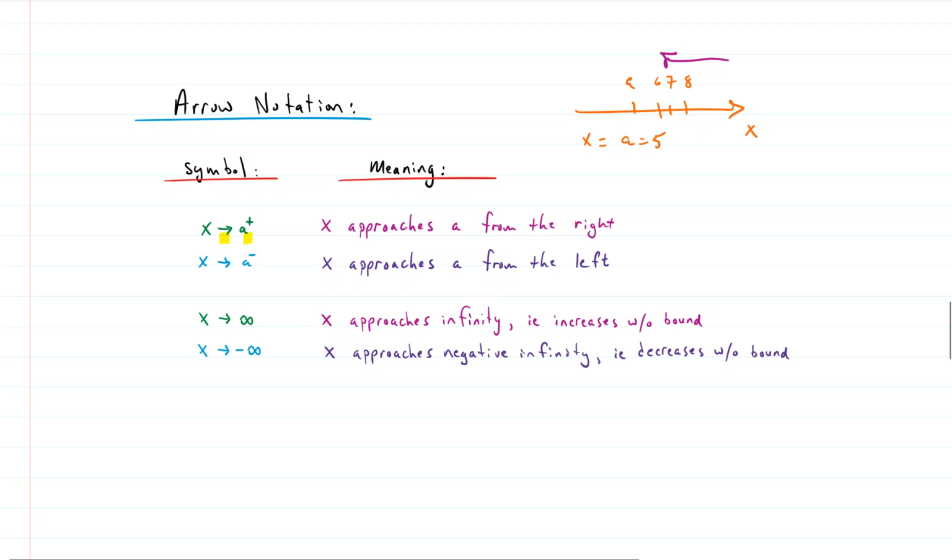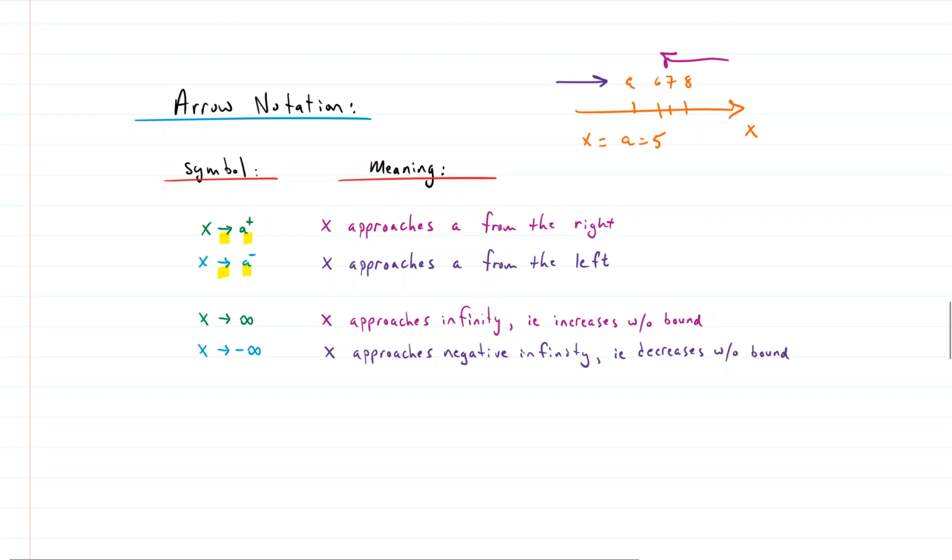And x, and then a right arrow, and then A raised to the negative power. So there's a minus sign in the exponent of A. That means x approaches A from the left. So we are actually coming towards that same value A, but from the left side, so from smaller values to bigger. We can also not just approach a specific value on the x-axis.